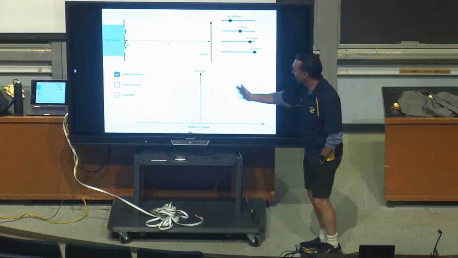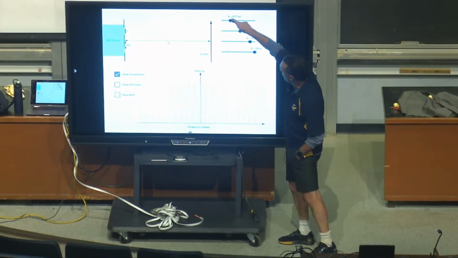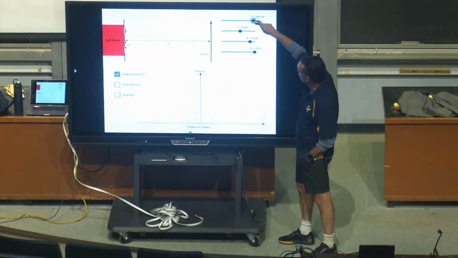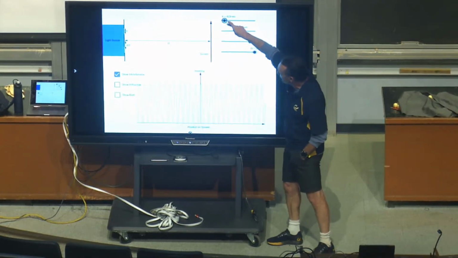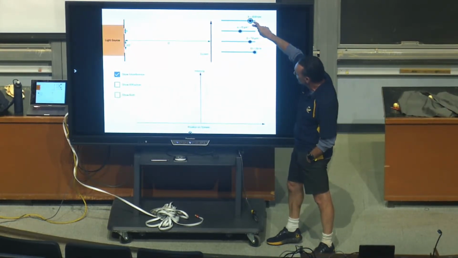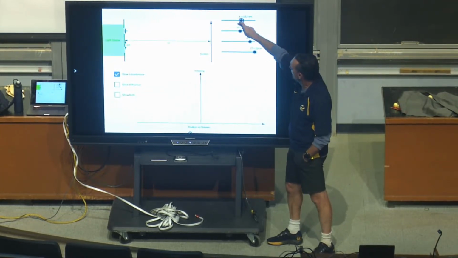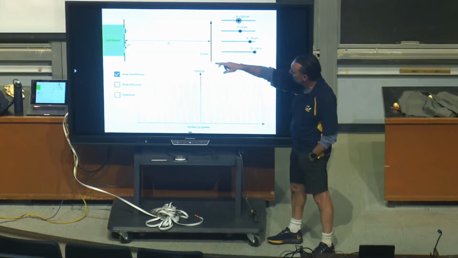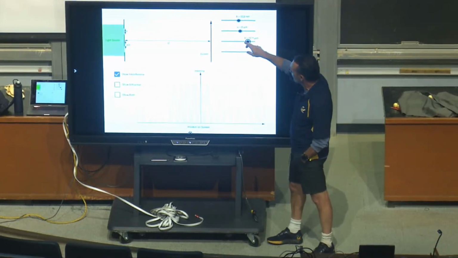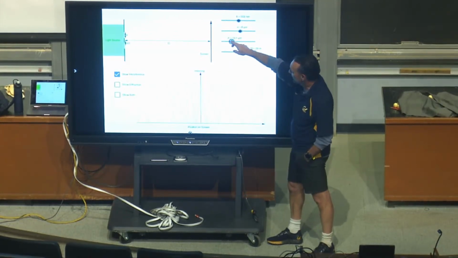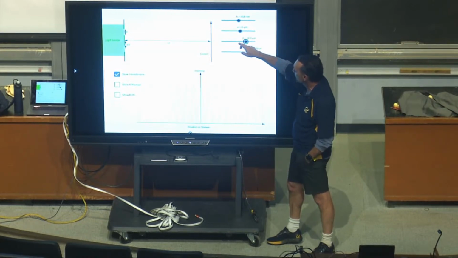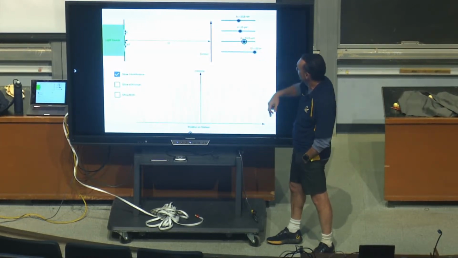This is just the waves interfering with each other. As I change that, you can see the frequency of the interference pattern is changing. If I change the distance between the slits, I can change the frequency of the interference pattern.